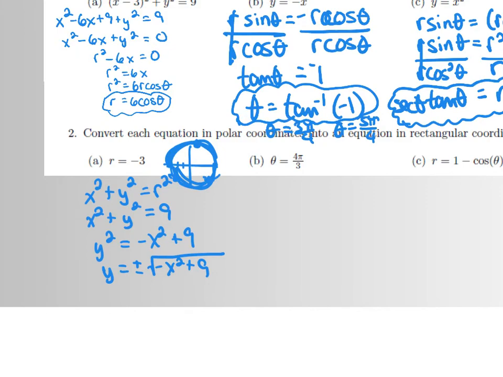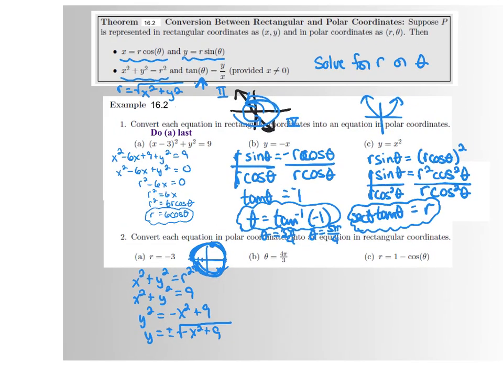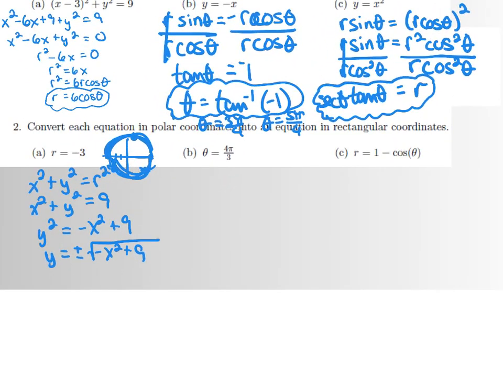This next one I'm given theta equals 4 pi over 3, and why don't we use tangent? Tangent theta equals y over x, because we're trying to write this in rectangular, so we're going to swap out theta equals 4 pi over 3 and use the fact that inverse tan of y over x equals theta. So inverse tan of y over x equals 4 pi over 3.